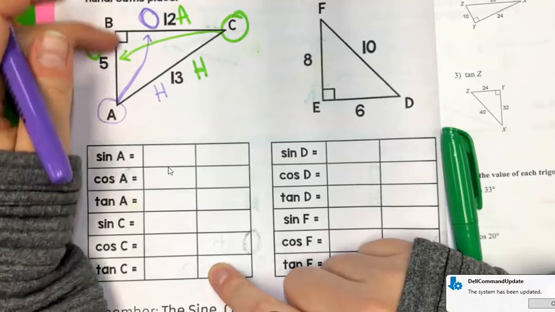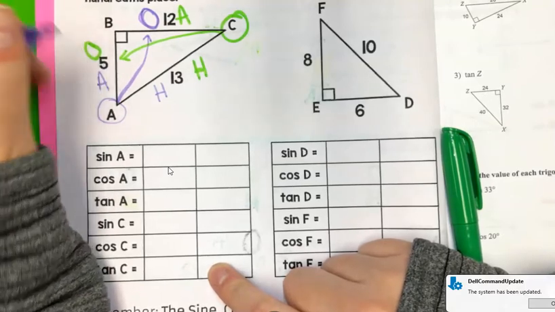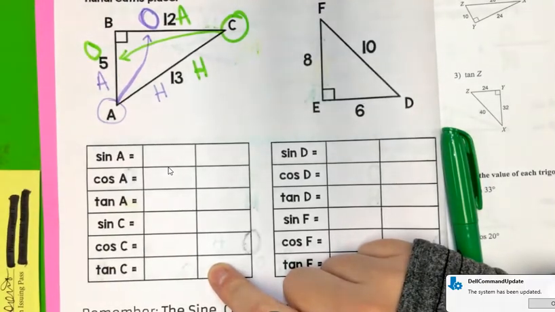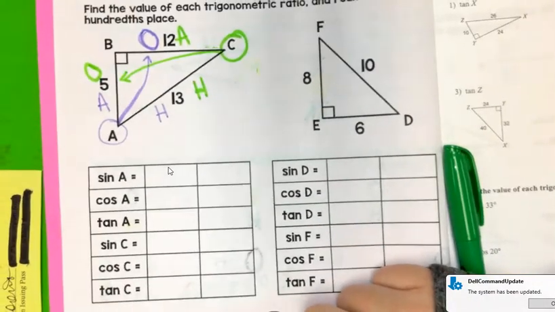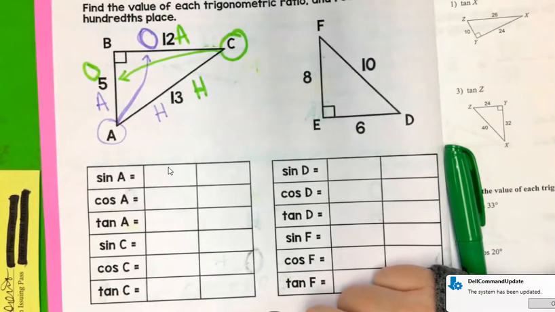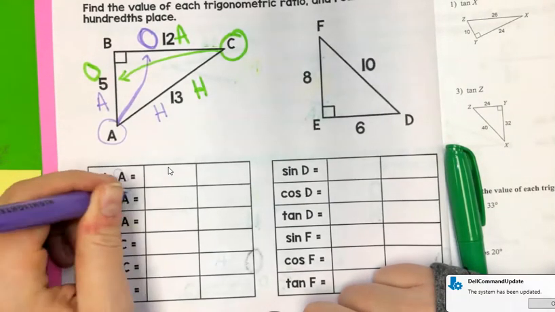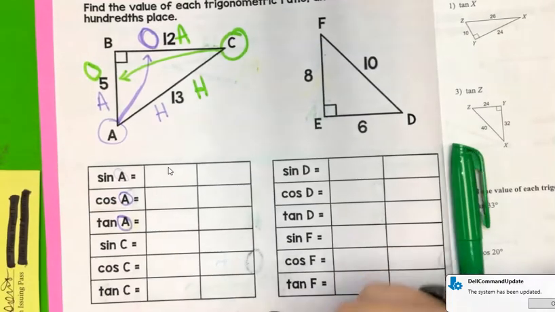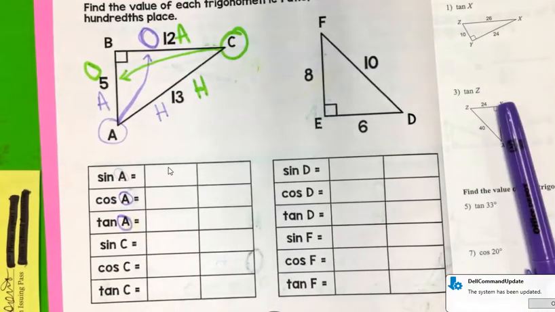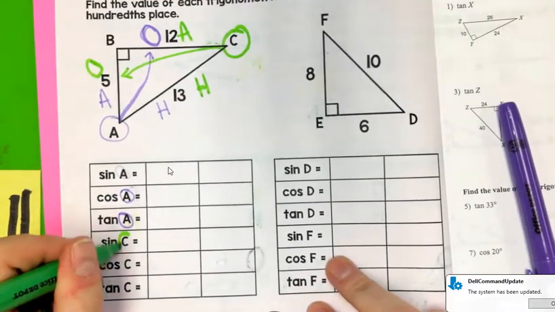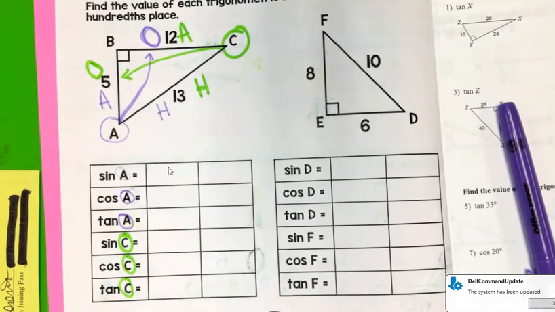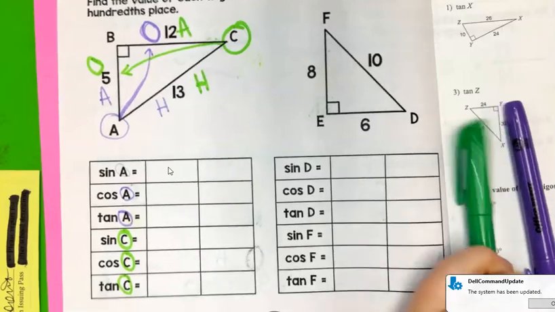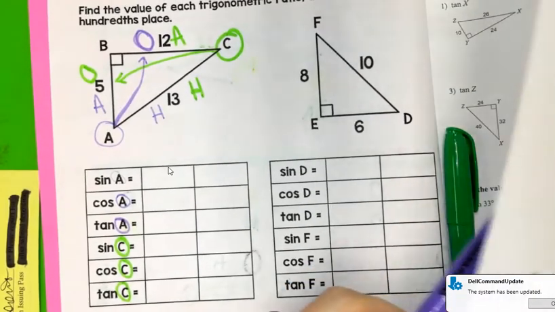For my A, right next to it, the 5 is going to be adjacent. All right, so now we have everything we need. If we're talking about A, we're looking at purple. If we're talking about C, we're looking at green. So let's do this thing.